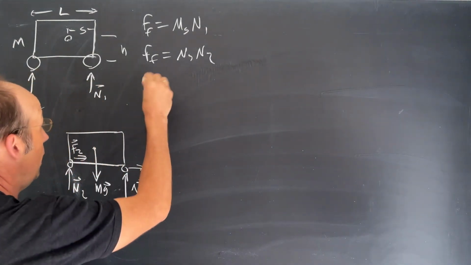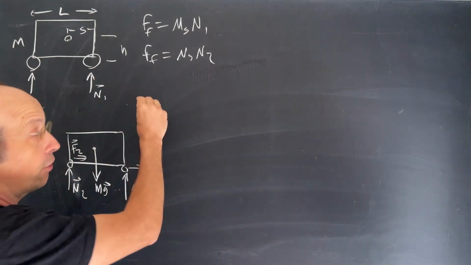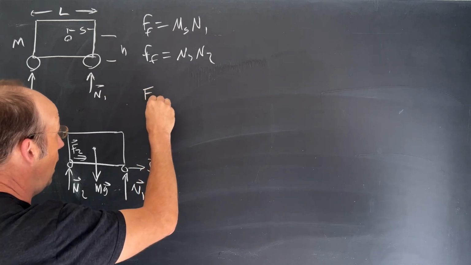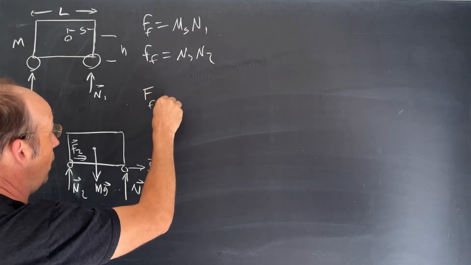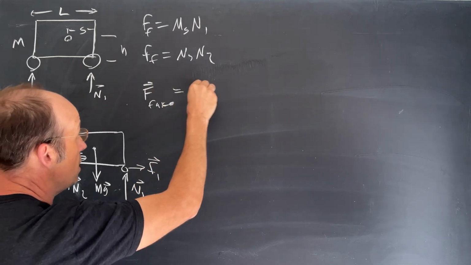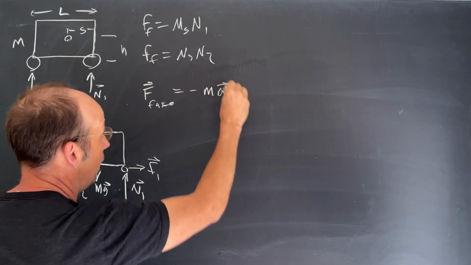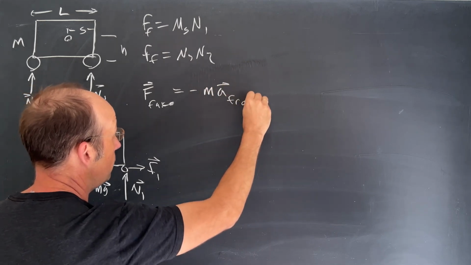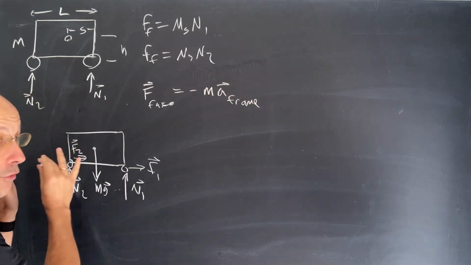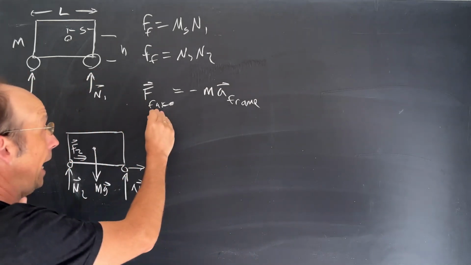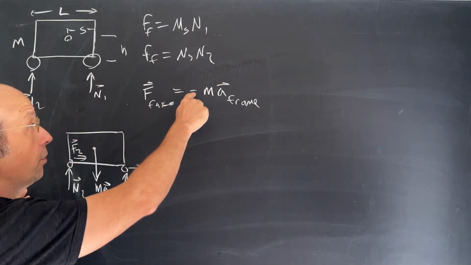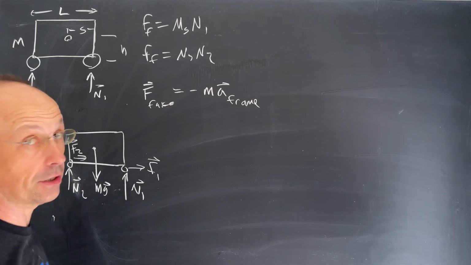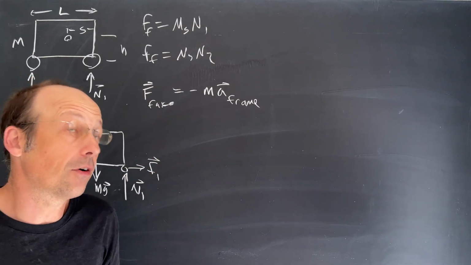So in general, if I have a non-inertial reference frame, F fake is equal to negative m a of the frame. So if I want to use the reference frame of the accelerating car, I'm going to add a fake force equal to the negative of the mass times acceleration of that frame, which is the car.